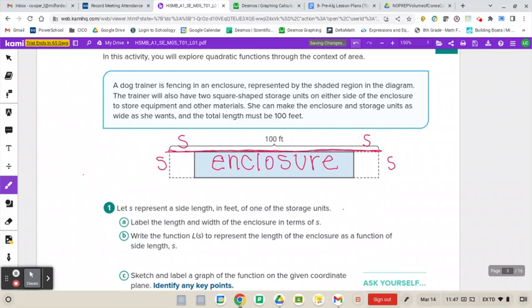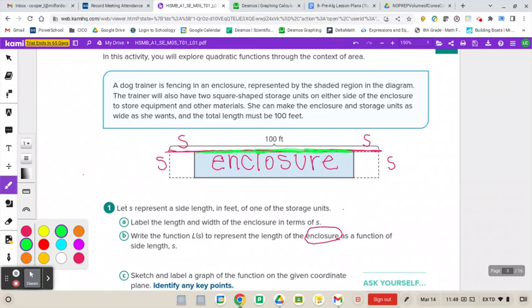Can anybody tell me, because it just wants the length of the enclosure, what I could write as this length? Just this green one right here.